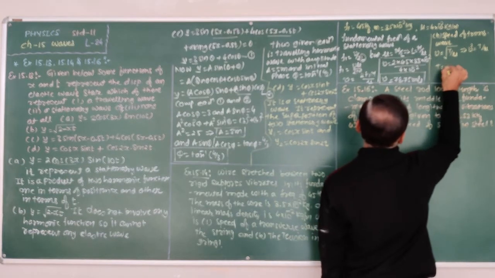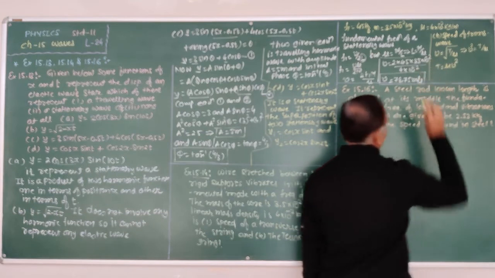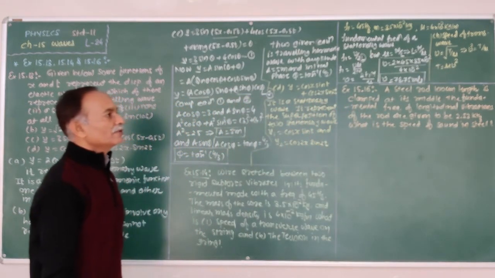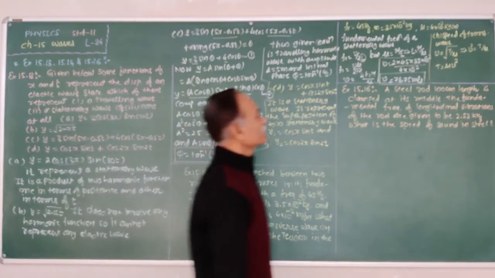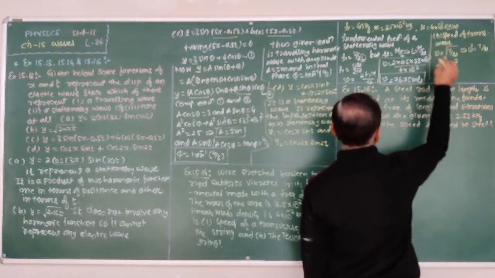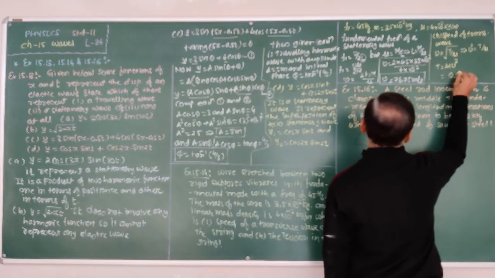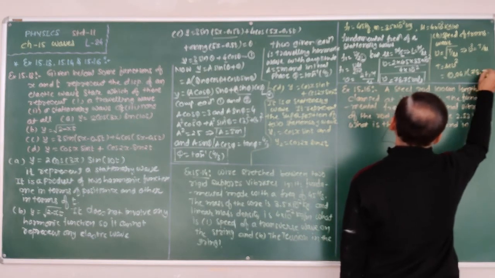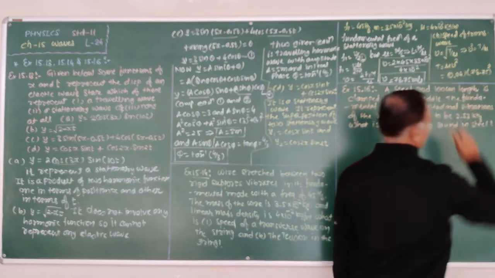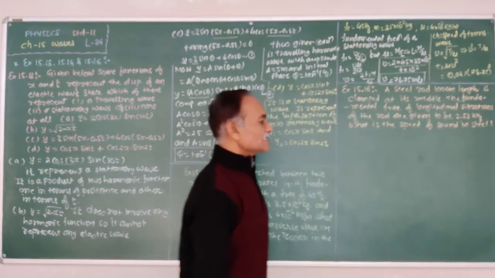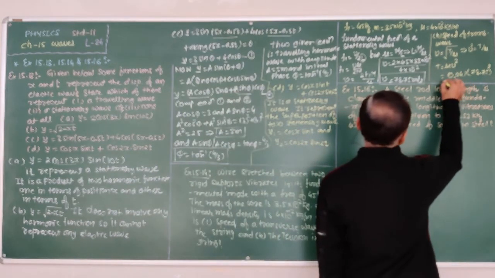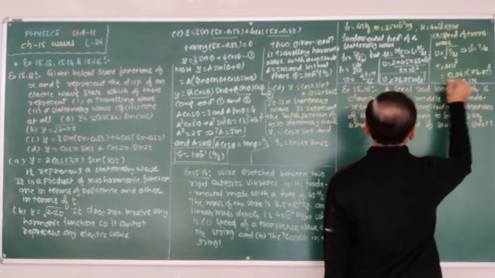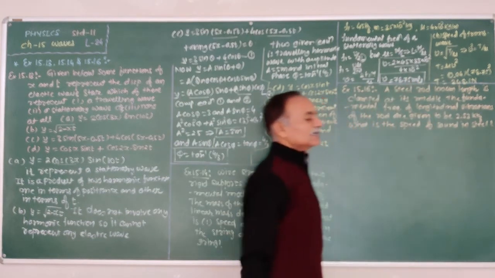Therefore, T is equal to mu into V square. Now we substitute the value of mu and V. Mu is 4 into 10 to the power minus 2, 0.04. Now V is 78.75 whole square. Thus we obtain 248.1 Newton. That much tension is in a string.